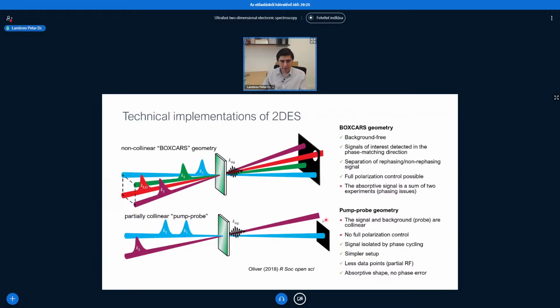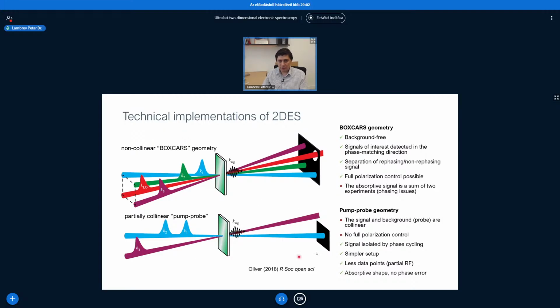The other common method is a partially collinear method, where we have the two pump pulses going collinearly, just one after another, and then the probe comes at an angle. So then the photon echo signal will travel in the direction of the probe.